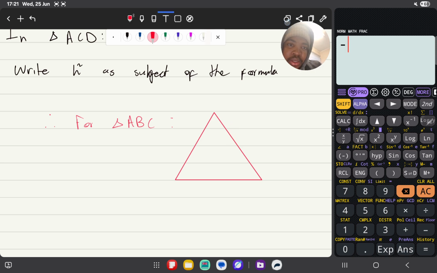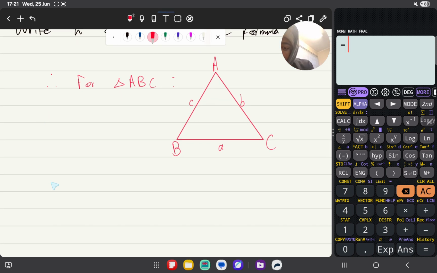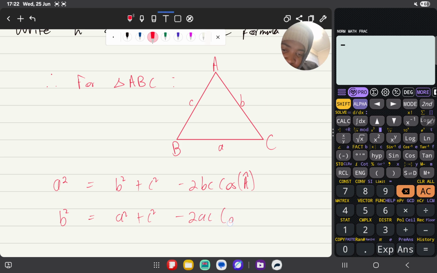So in this triangle ABC, where this is A, this is B, and this is C, you can then say that a squared equals b squared plus c squared minus 2bc cos A. You can also say b squared equals a squared plus c squared minus 2ac cos B.